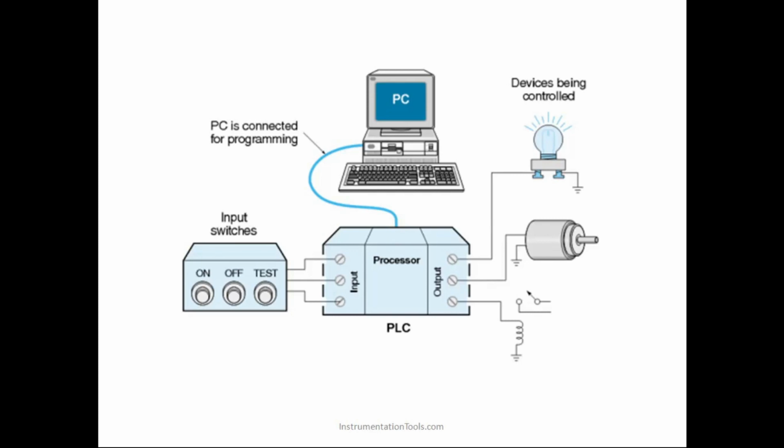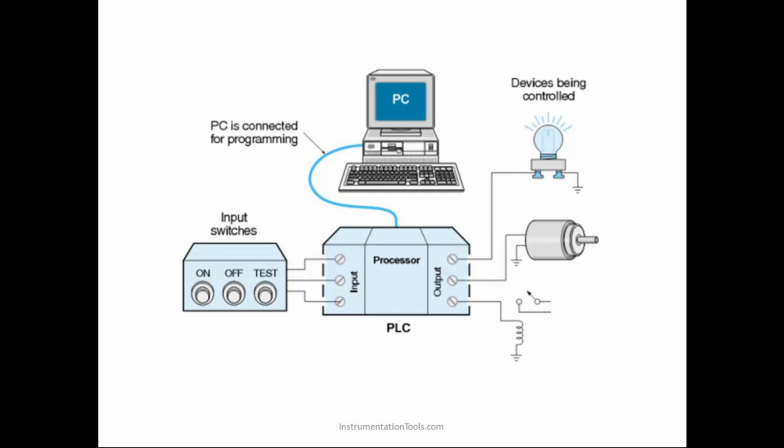If it is a bulb, the bulb has only two states, either on or off. Similarly, motors have both states. Digitally it will be turning on and off, and in analog form it will be varying its speed of rotation. So the motor's speed can be varied as per our requirement.